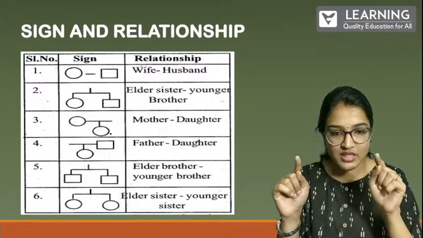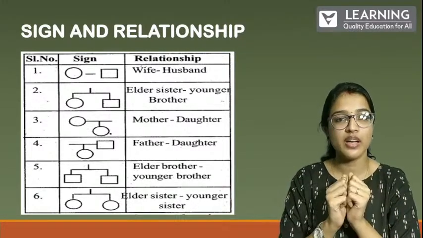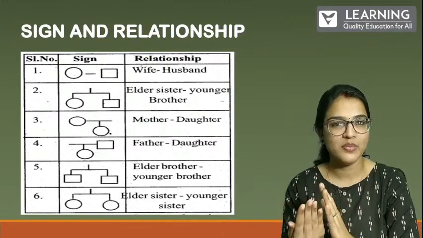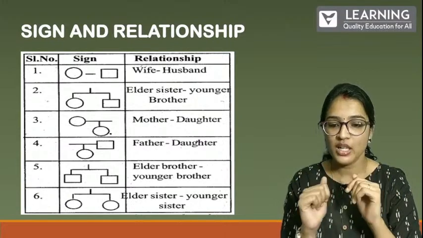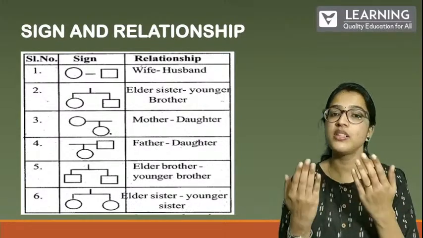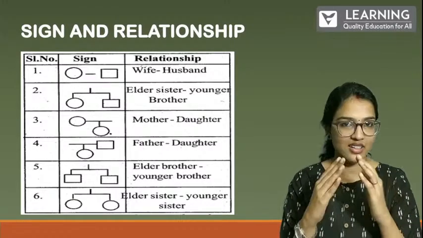Now look at the fifth one. Again a branch is coming and two signs, right? Both are square. Both are square means both the children are boys. So elder brother and younger brother. Look at the sixth one. Again a branch, two circles, right? That means both the kids are girls. So elder sister and younger sister.